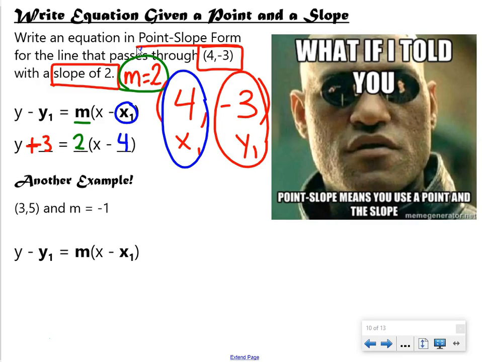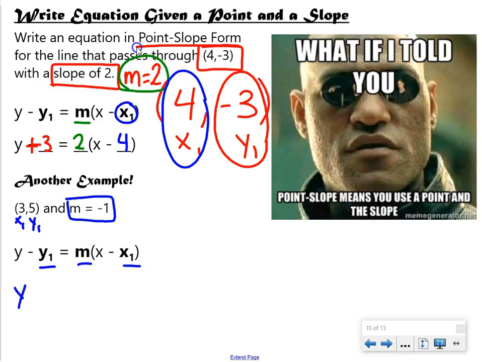Let's do another example. Our point is 3, 5. So 3 is x1, 5 is y1, and m is -1. That's your slope. So let's write our equation. We fill in for y1, m, and x1.